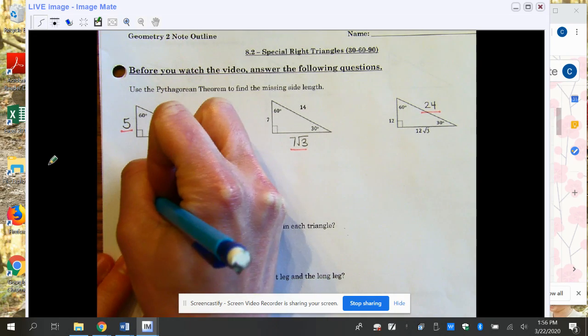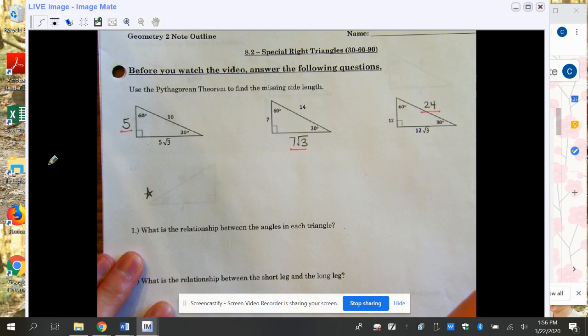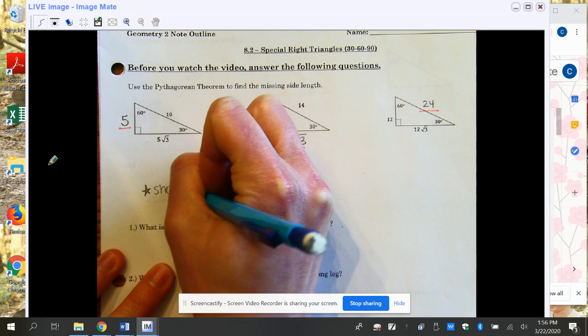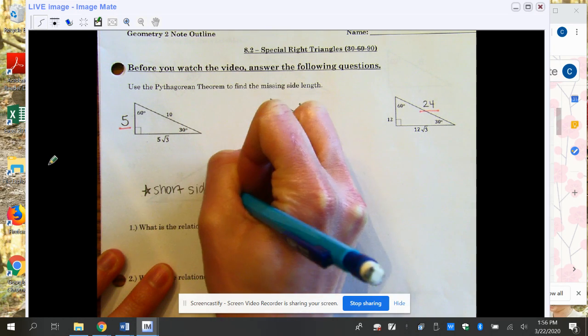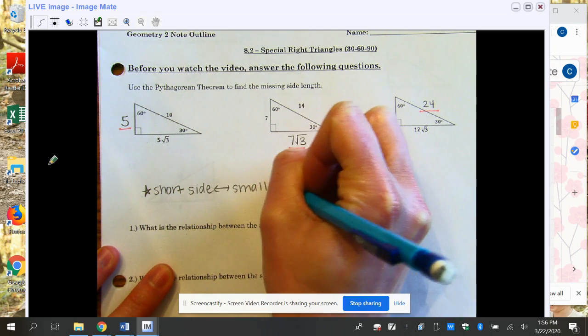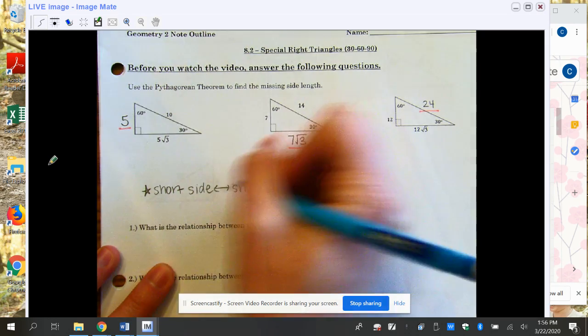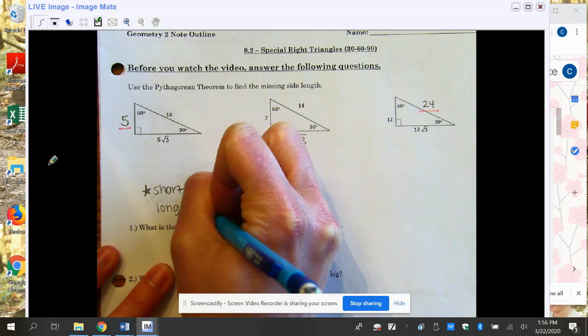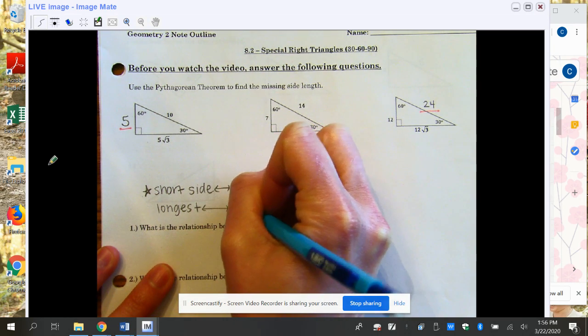One thing we also need to remember is from first trimester. The shortest side is always across from the smallest angle. The longest side is always across from the biggest angle.